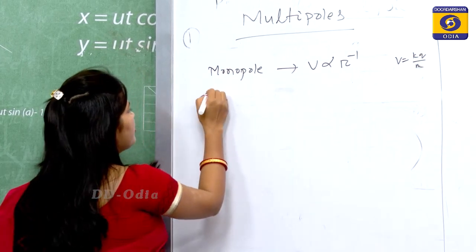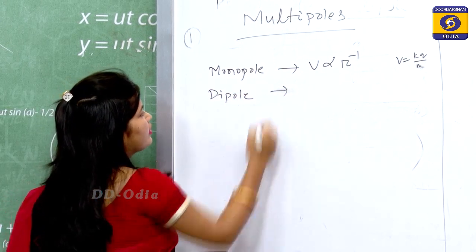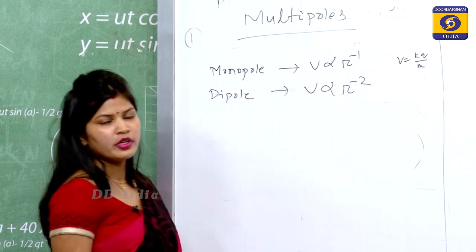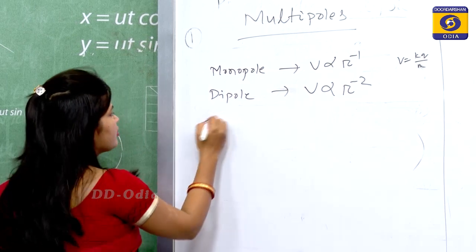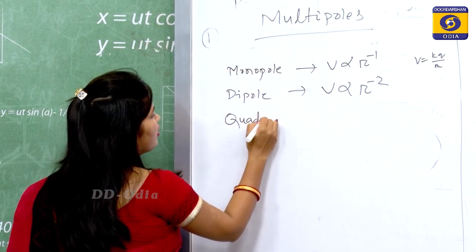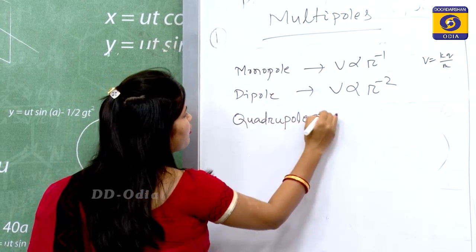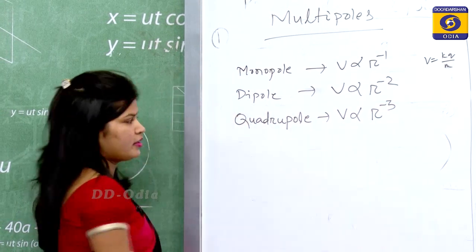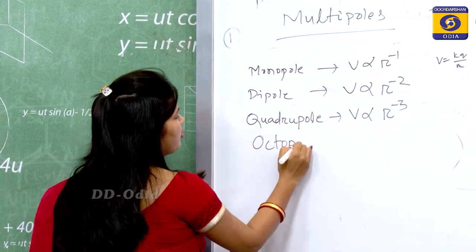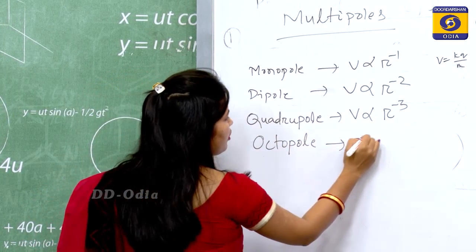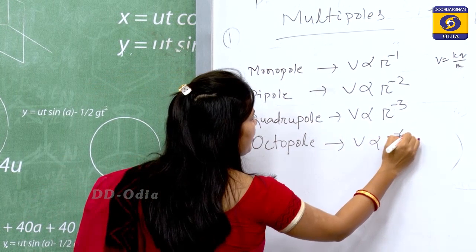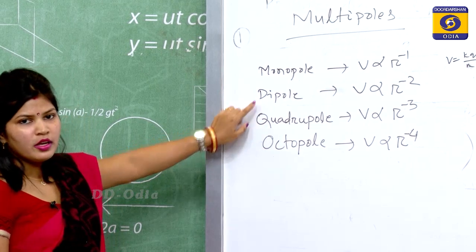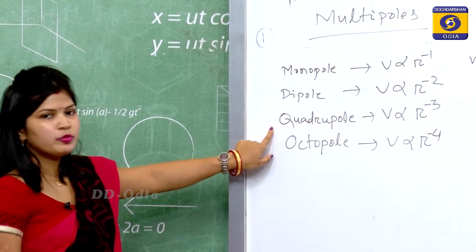For a dipole, we saw that the potential is proportional to r to the power minus 2, kp upon r square. For a quadrupole, the potential is proportional to r to the power minus 3, and for an octopole, the potential is proportional to r to the power minus 4. A quadrupole is a sum of 2 dipoles and an octopole is a sum of 2 quadrupoles.